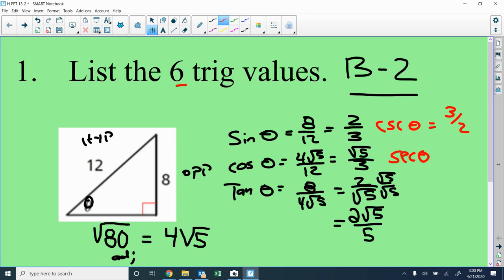So when we do invert that, we're going to end up with 3 over the square root of 5. So then we'll rationalize, and I'm running out of room here, but we're going to end up with 3 square roots of 5 over 5 after we rationalize.